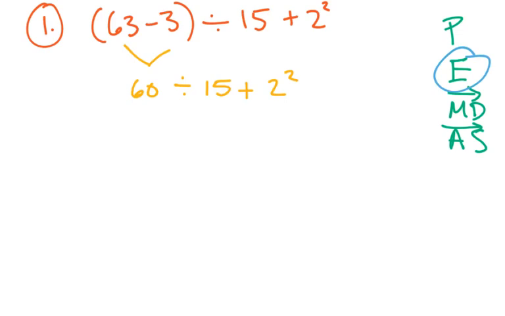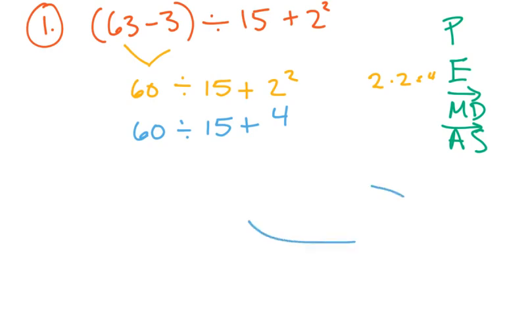Then we're going to do exponents. So we're going to get 60 divided by 15 plus 2 to the second. 2 times 2 equals 4, so we're going to get 4. It's very important that we don't do anything with the rest of the problem until we've done the exponents.